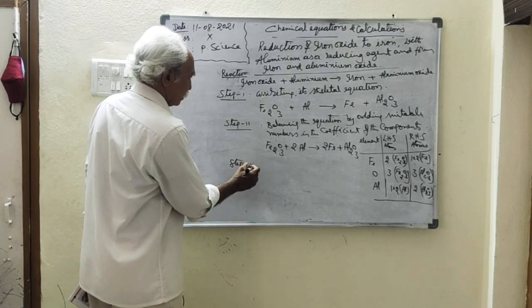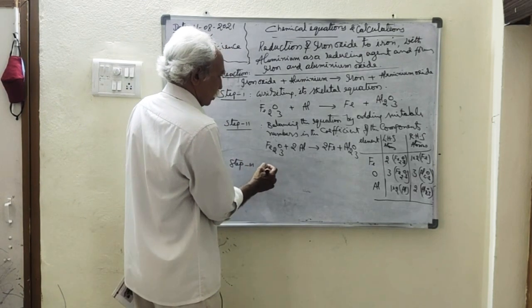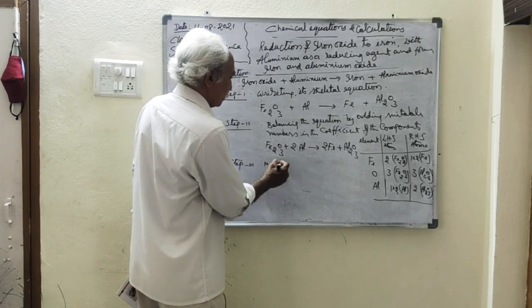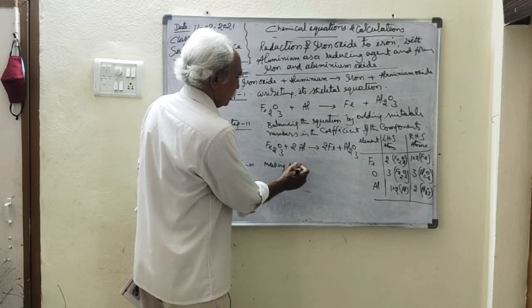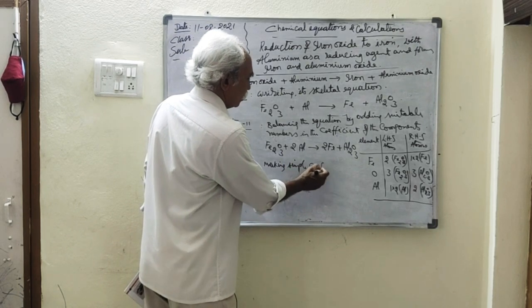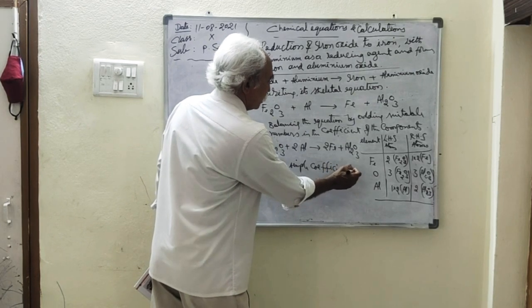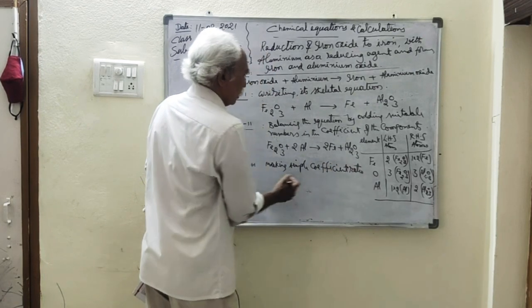Step number 3. Making simple coefficient ratio. So what is the ratio?